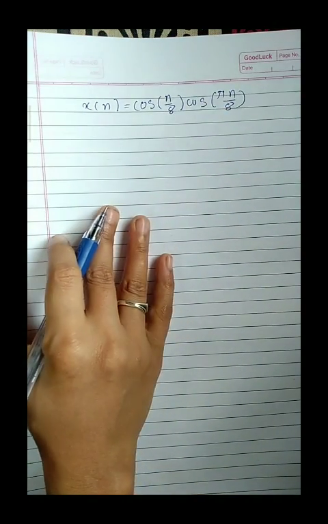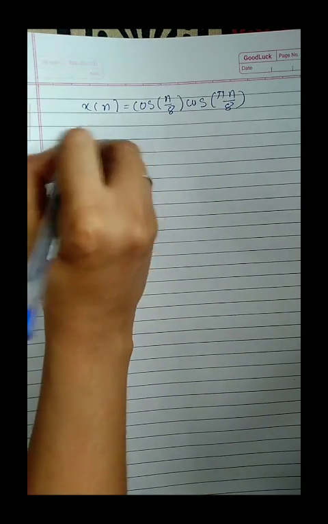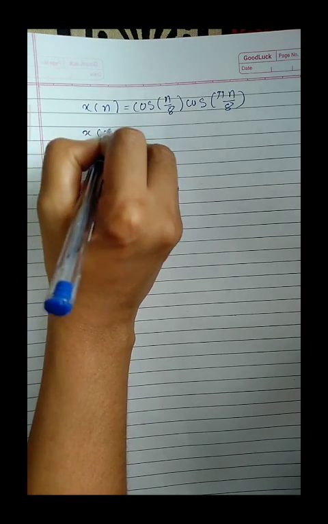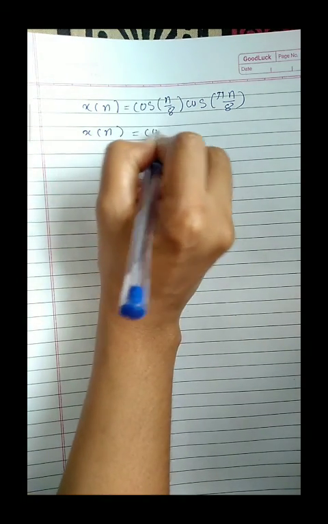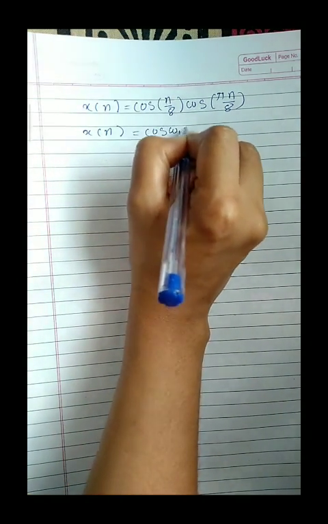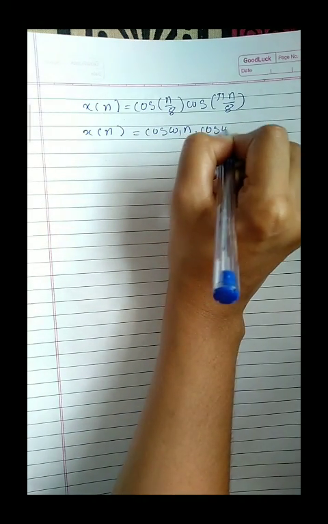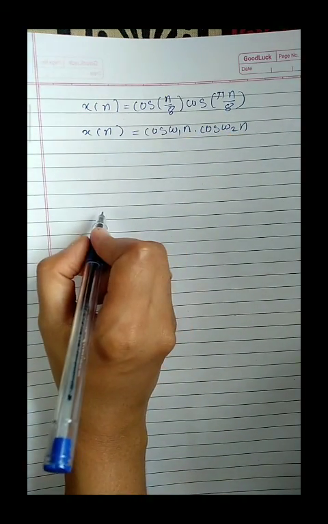Another example is x of n is equal to cos n by 8 into cos pi n by 8. Right? See, here x of n is equal to cos omega 1 n into cos omega 2 n.